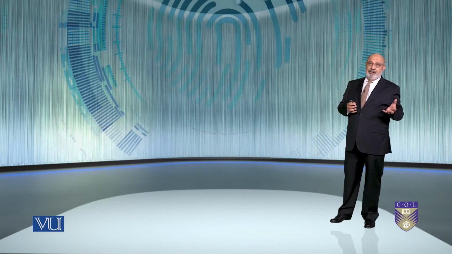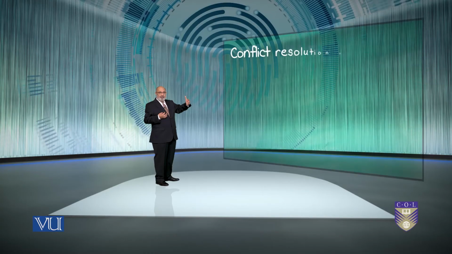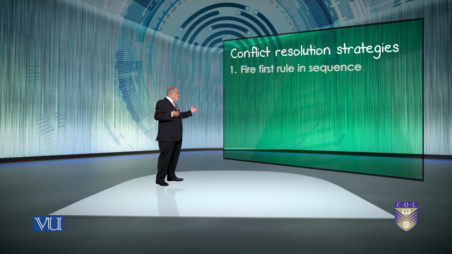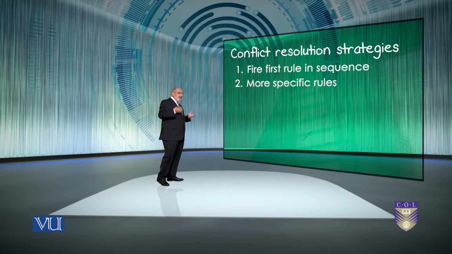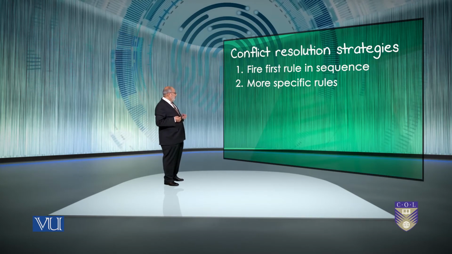Let's say a rule has 6 conditions on its left-hand side and is ready to be executed, and there's another rule which has only 2 conditions, and that too is ready to be executed. The inference engine, using this strategy, can say, all right, I will always fire the rule that has more specific information, which means more conditions on the left-hand side. That's one of the resolution strategies.